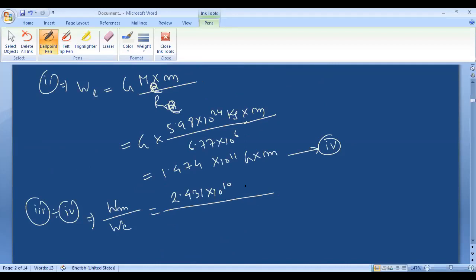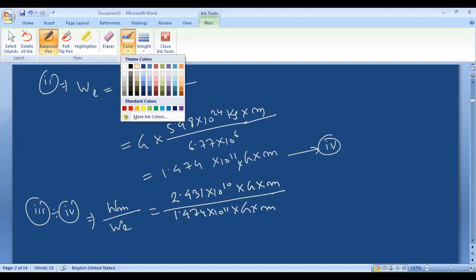Now see, why have I not put the value of G and M? Because G and M will get cancelled, yes or no? Divided by 1.474 into 10 to the power 11 into G and M. Now G and M will get cancelled.